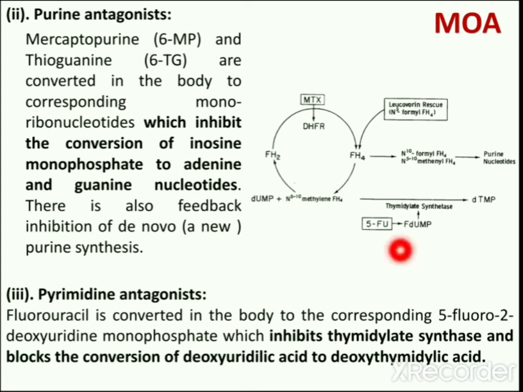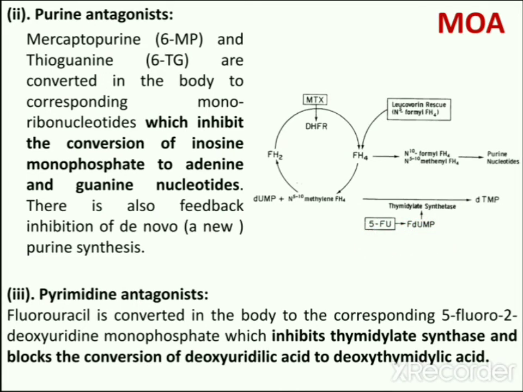Next subcategory of antimetabolites includes pyrimidine antagonists. Pyrimidine antagonist 5-fluorouracil is converted in the body to the corresponding 5-fluoro-2-deoxyuridine monophosphate. This 5-fluoro-2-deoxyuridine monophosphate inhibits thymidylate synthase and blocks the conversion of deoxyuridylic acid to deoxythymidylic acid.